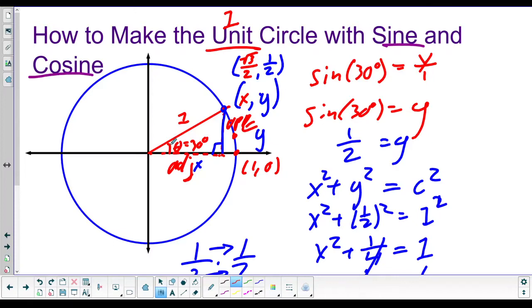If we say theta is the angle by the origin, the opposite side is this. This is the y value, which we can see is equal to sine. So you want to associate whatever this height is with sine.